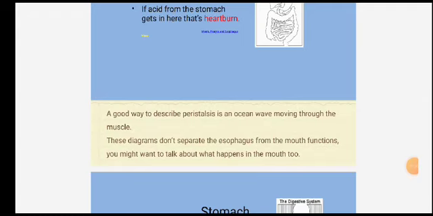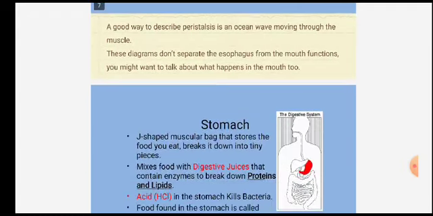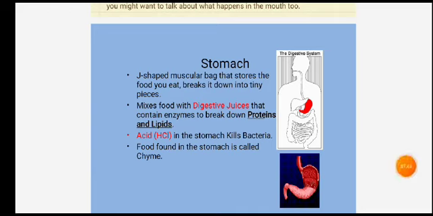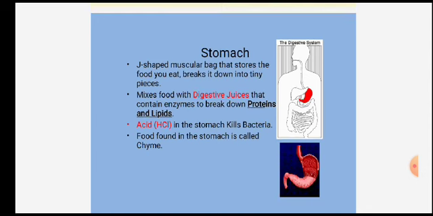The muscles are responsible for moving the food material from one organ to another with the help of peristaltic movement. Peristaltic movement is nothing but a wavy movement, and because of that the food material is transferred into the next organ. In the next lecture we will study the stomach.